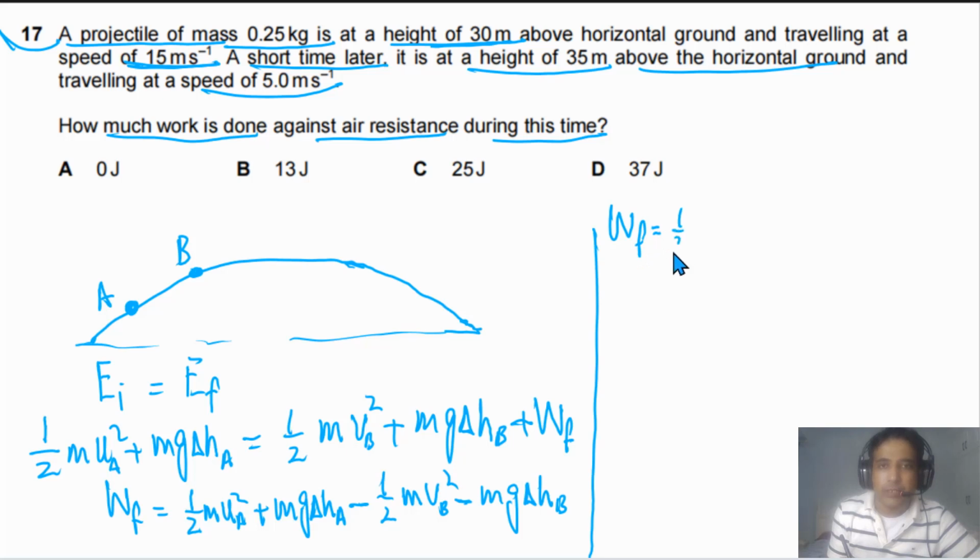So we have 1/2, so we have m, that is equal to 0.25 times the speed at point A, 15.